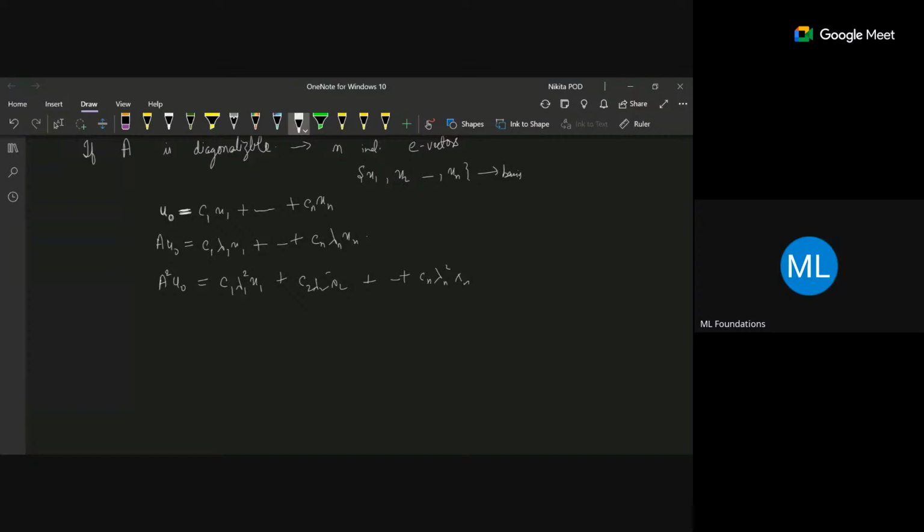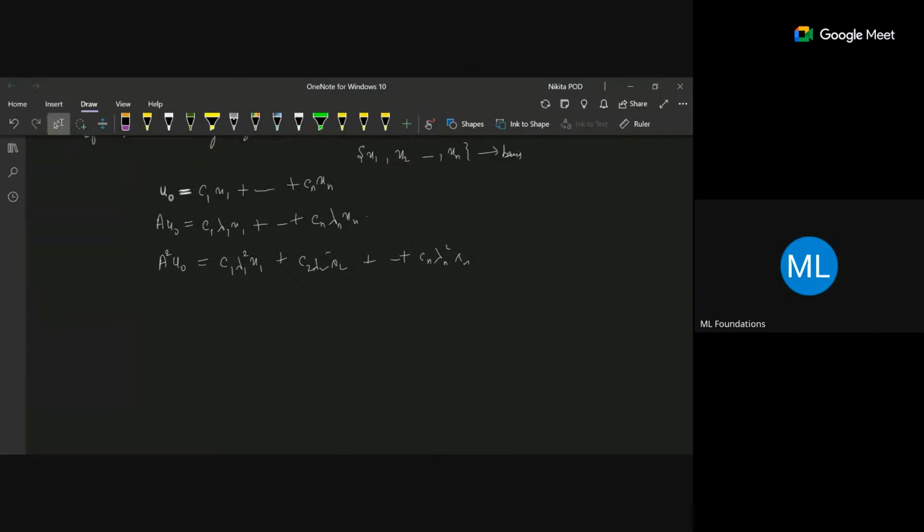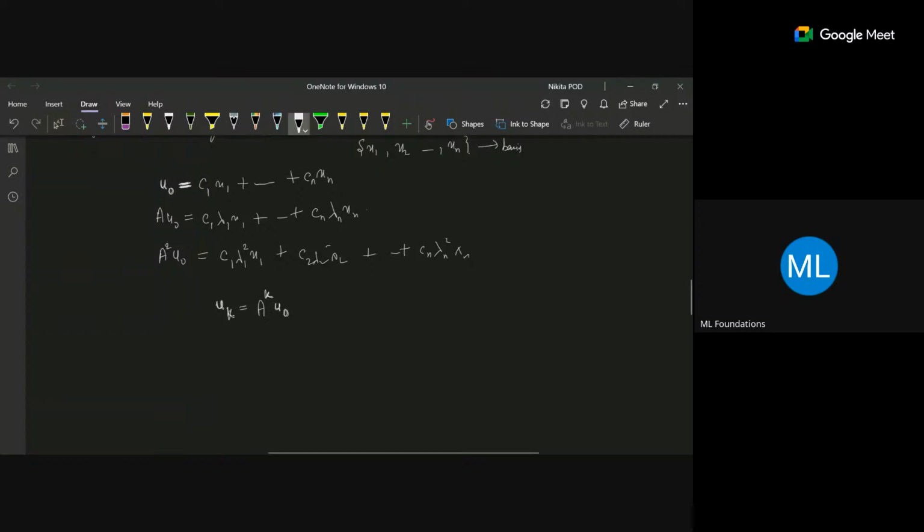So this is how it will look like. So for any general uk, which is nothing but A to the power k u naught.